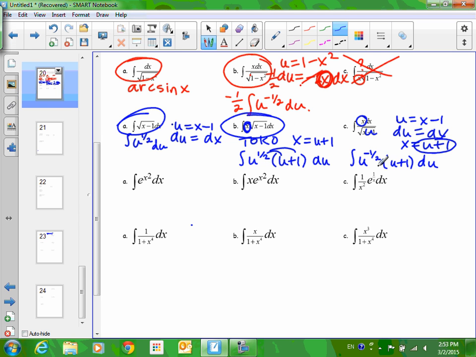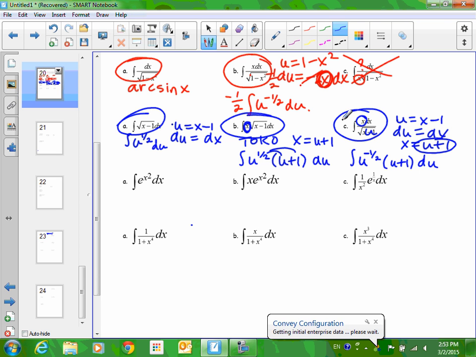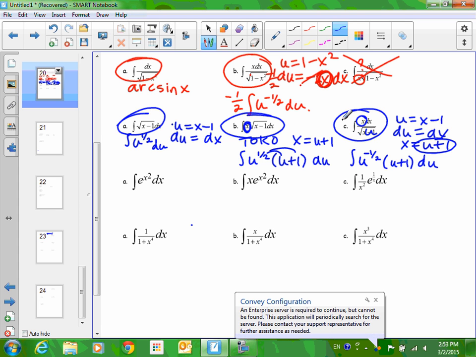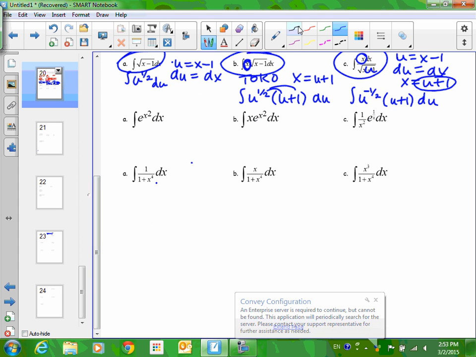It's not the exact same problem, but very similar. This one actually works as well. And again, we reassure you, you're not going to have problems on your test that can't be solved, where you sit there and waste 10 minutes. Typically, when you can't solve a problem, what happened in the very beginning? You picked the wrong u.